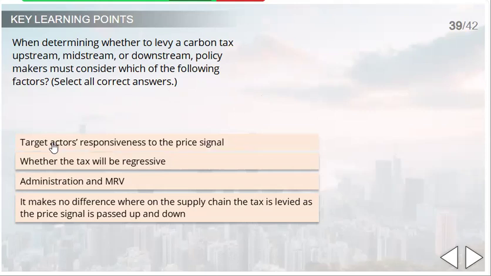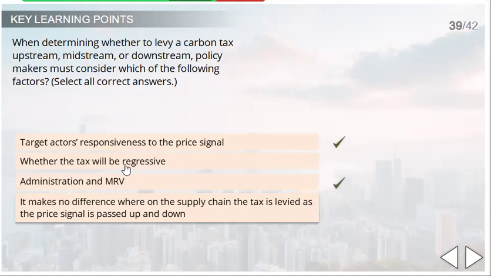The correct answers are target actors' responsiveness to the price signal, and administrative and MRV costs, and whether the tax will be regressive. It makes no difference where on the supply chain the tax is levied, as the price signal is passed up and down, is an incorrect answer.